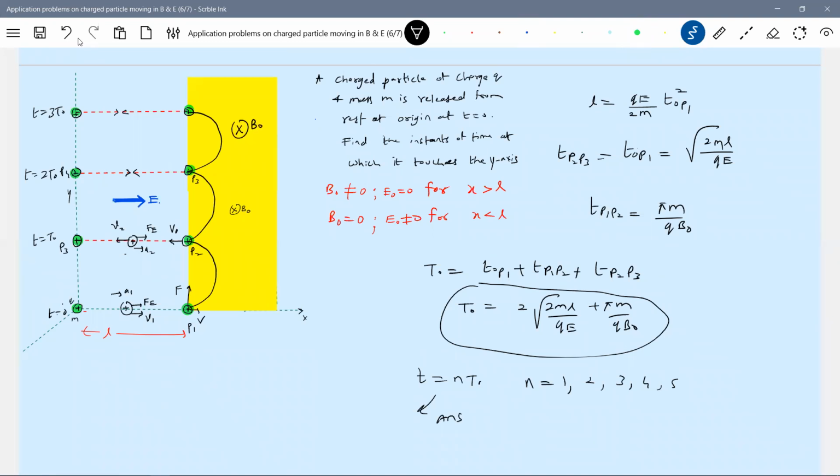Let it be clearly visible for us. Here, release from rest. Hope everyone is enjoying such numericals, and if you work out a few more, you'll gain confidence and you can manage whatever be the range of question.